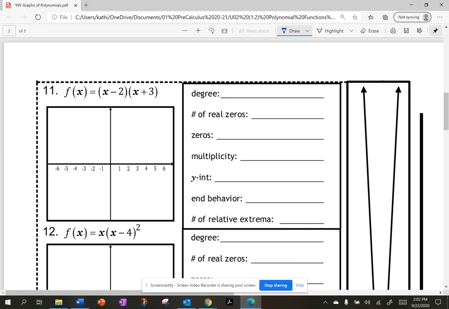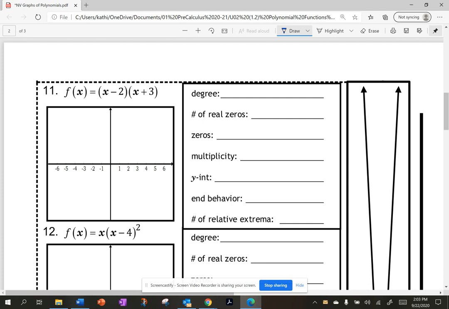To graph it, I need information. I need to know the degree, the number of real zeros, what the zeros are, what the multiplicity of each zero is, and what the y-intercept is. I want to be able to describe my end behavior, and I want to know the number of relative extrema. Once I have all that information, then I can graph my polynomial.